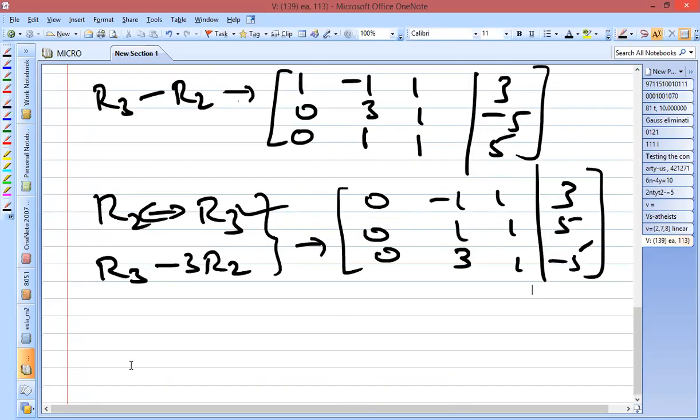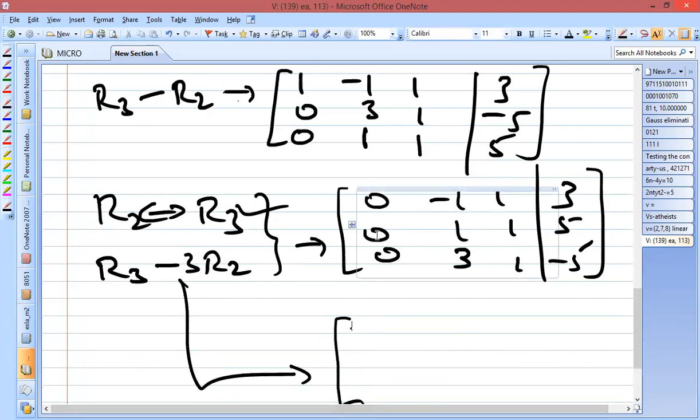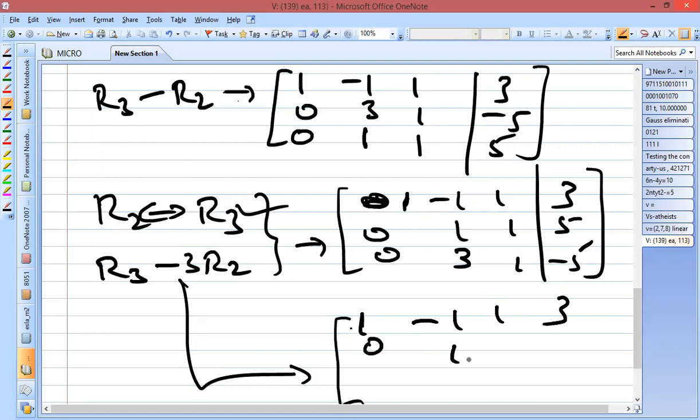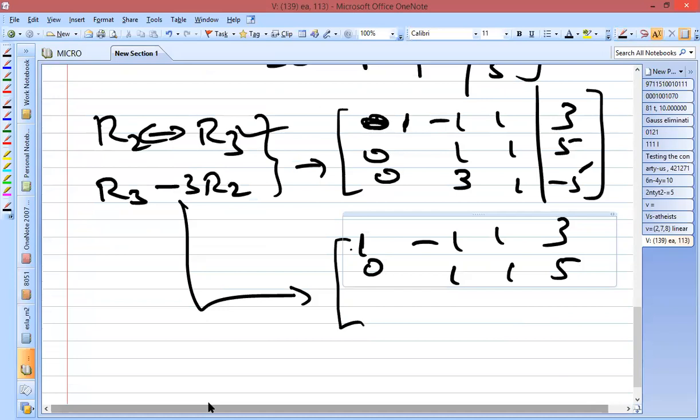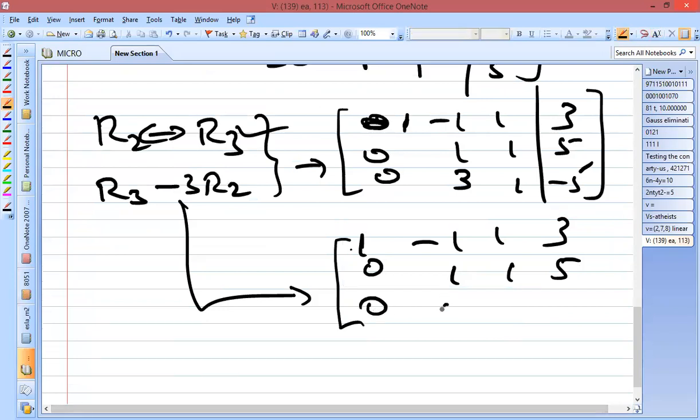Then the first row is 1, -1, 1, 3, and 0, 1, 1, 5 I'll keep as it is. For R3 minus 3 R2, we get 0, 0, -2, and this is -20.